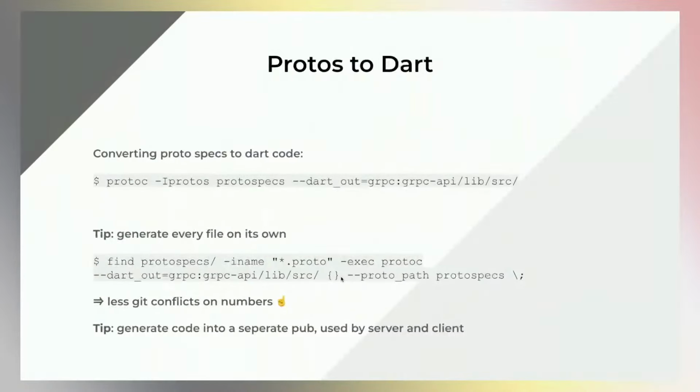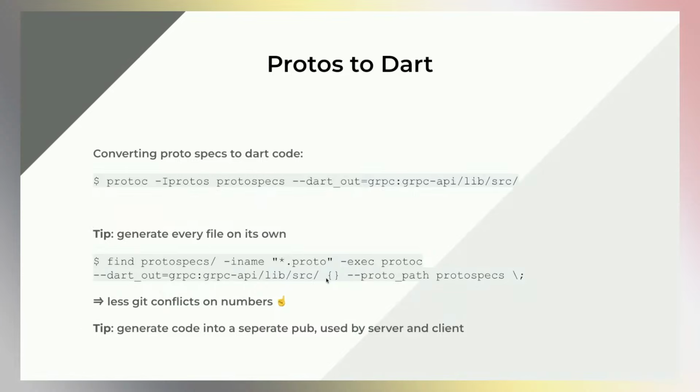So that's something they don't tell you. But in the end, you can fix it by generating the code from every file separately. Every time I list all the files here and generate the code.